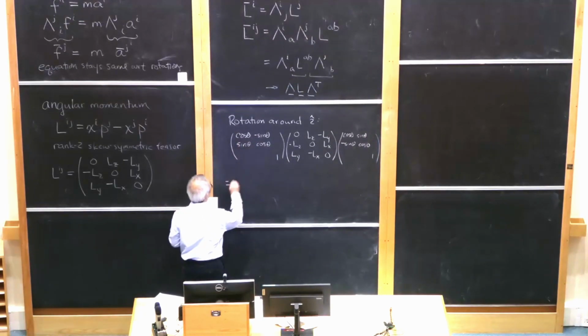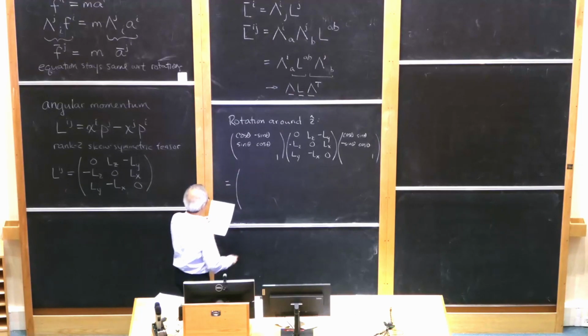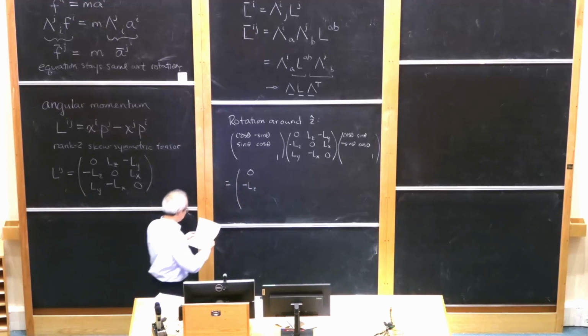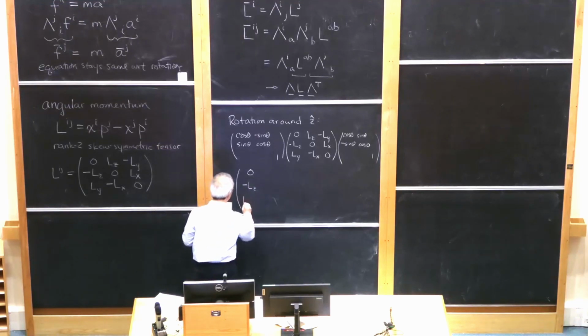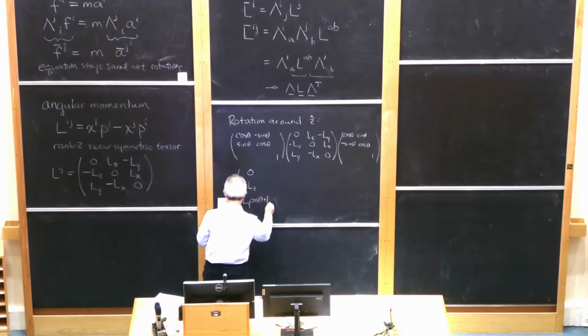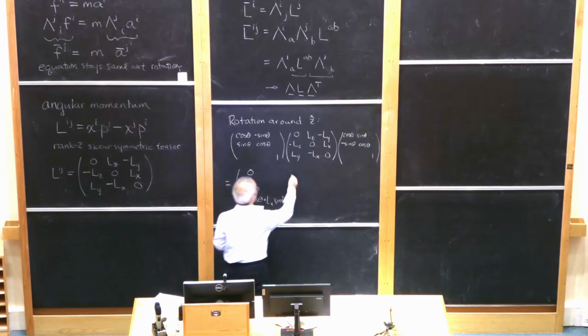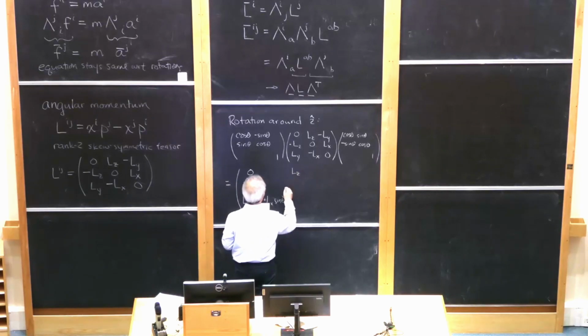what you should get is, first a 0, then a minus Lz, because of course Lz shouldn't change. And then you'll have Ly cosine theta plus Lx sine theta. No surprise, this guy should still be Lz.